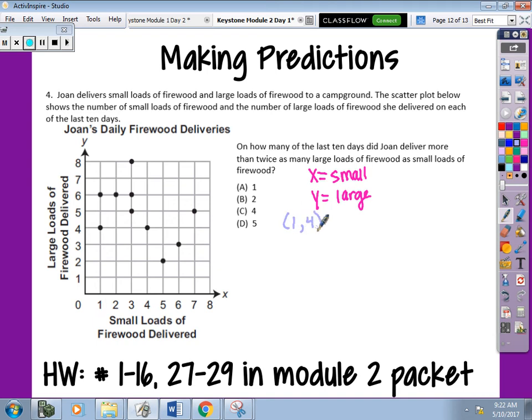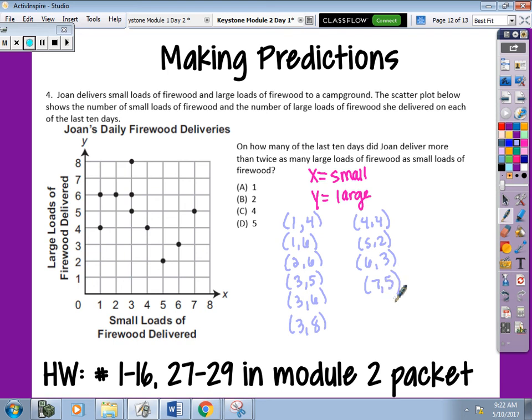So 1, 4; 1, 6; 2, 6; 3, 5; 3, 6; and 3, 8; 4, 4; 5, 2; 6, 3; and 7, 5.